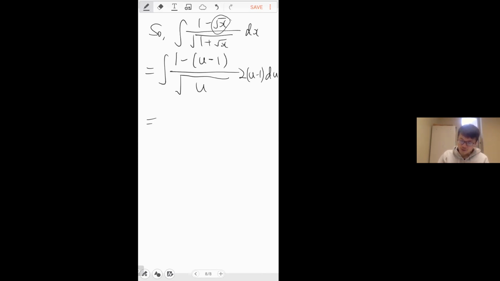For the top you have 1 minus u minus 1, and if you simplify that, you're going to get 2 minus u, and then multiply this to the top. So I get times 2 times u minus 1 divided by root u.